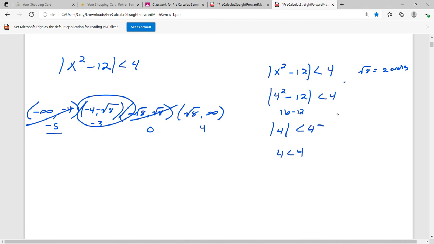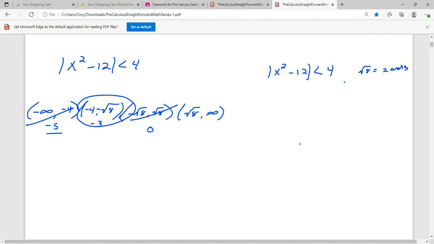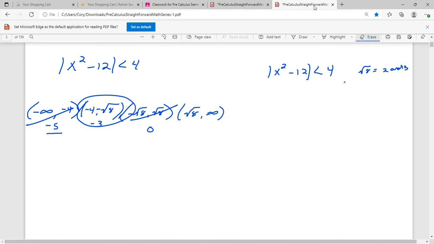No, 4 is equal to 4. Actually, I think that works. Let's see, what if I use another number? If you get one and you're not sure, just go a number higher. So what if instead of 4, I used anything bigger? If I could use 3, I could use 5.